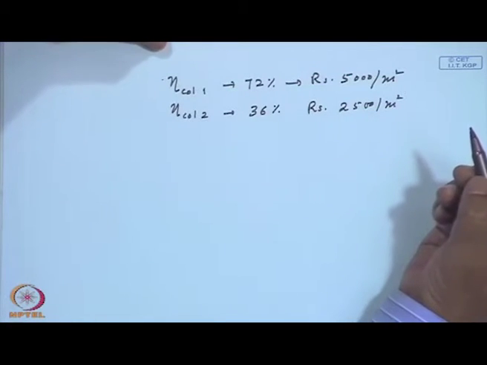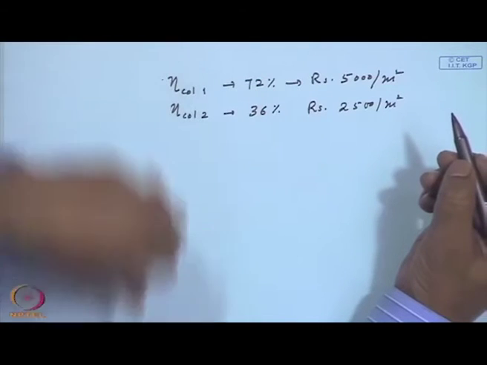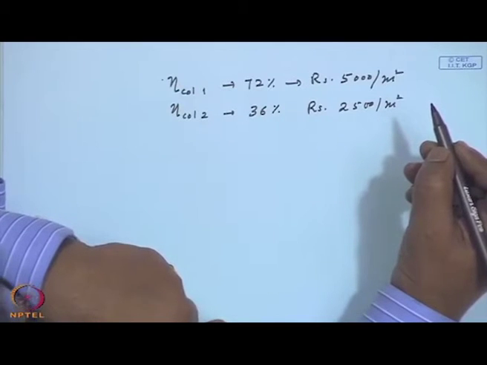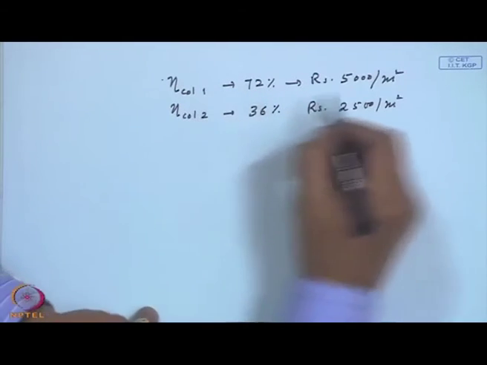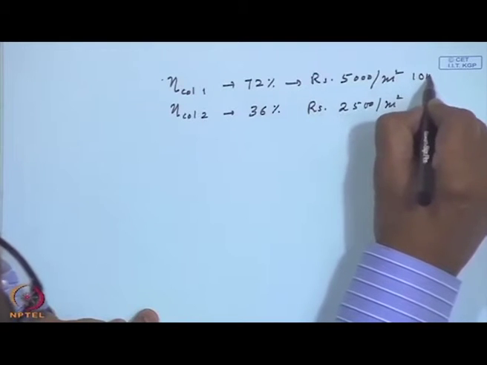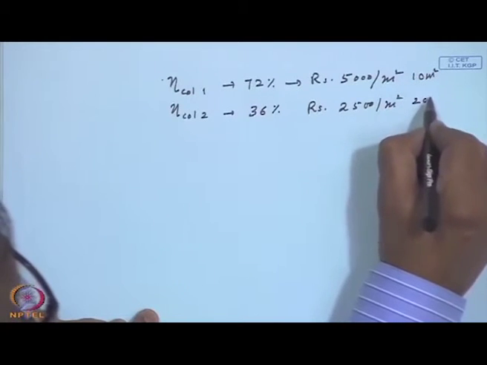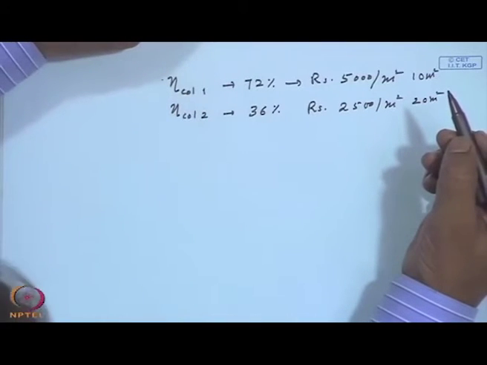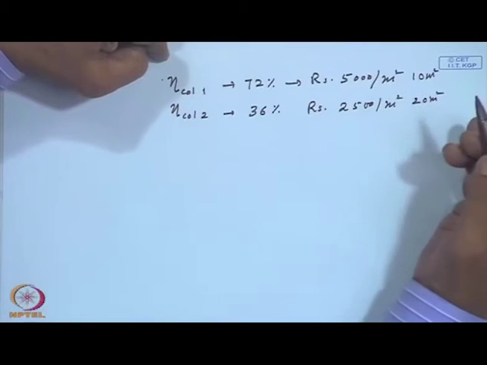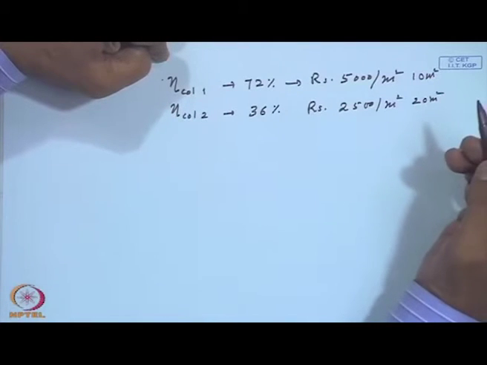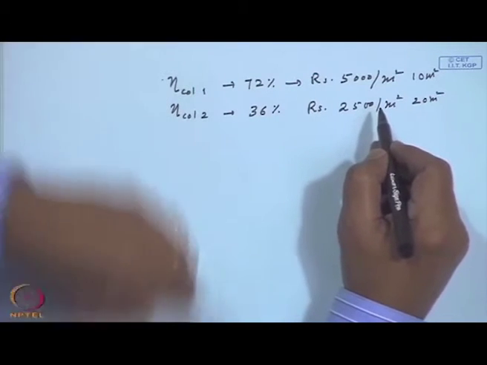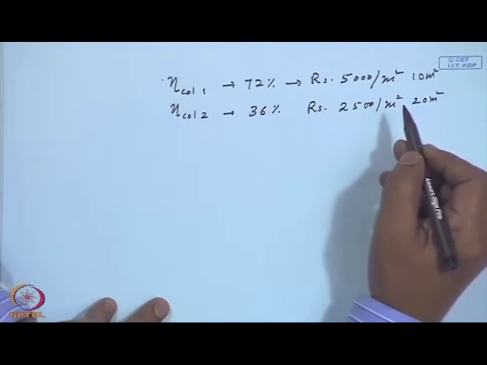The efficiency is half, the cost also is half. So, if I require 10 square meters of this I may require 20 square meters, which may be approximately the same cost, except the second one may require higher piping, higher land area, etc. But somehow we can discount the cost, and you may say it even only 2000 rupees, and the additional piping cost, even if it is considered, they will be comparable cost.